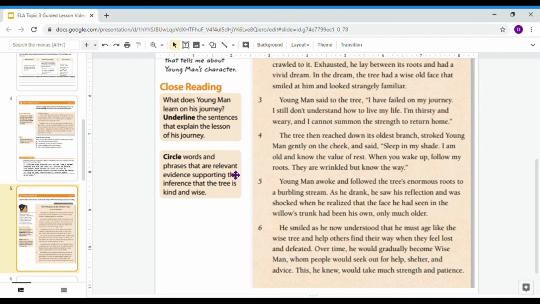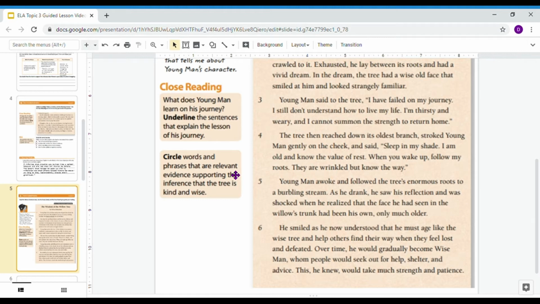He smiled as he now understood that he must age like the wise tree and help others find their way when they feel lost and defeated. Over time, he would gradually become Wise Man, whom people would seek out for help, shelter, and advice. This, he knew, would take much strength and patience.